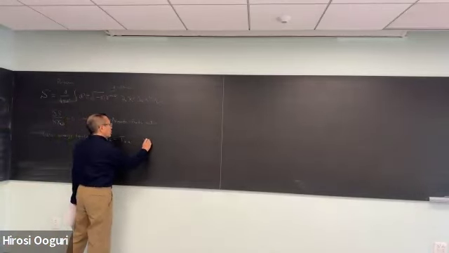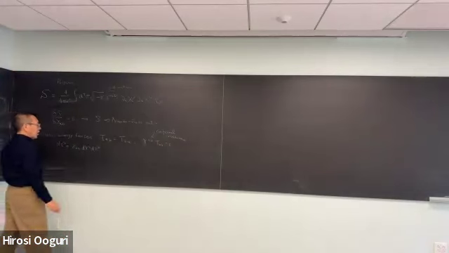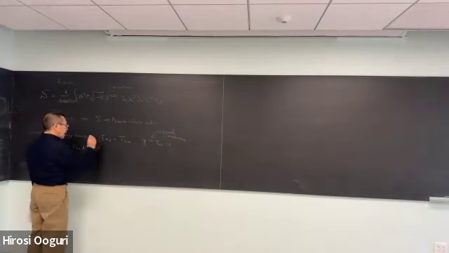Okay, so we can use, for example, the light-cone coordinates in 2 dimensions. In 2 dimensions, the metric is of this form, and we can diagonalize it.